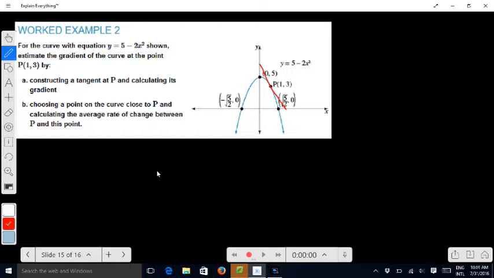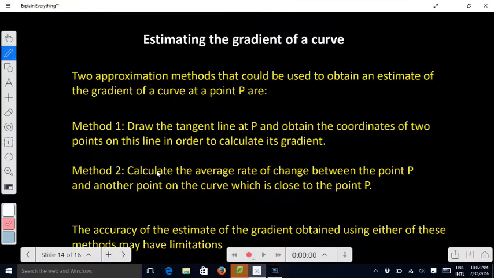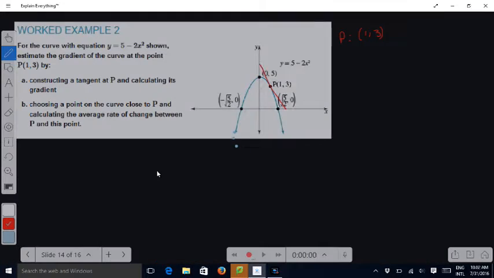We know the point P is 1, 3, and we want to estimate a second point on that line. This is the first method: we drew the tangent and we're obtaining the coordinates of 2 points on the line in order to calculate its gradient.